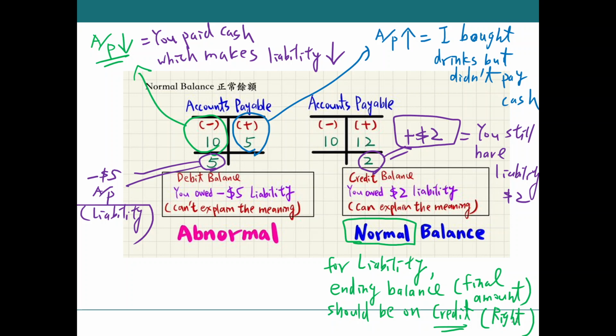Someday, if you find the number for your liability on the debit side, it is abnormal. Then what should you do? Double check, recompute your number again. Abnormal means the final amount is on the wrong side.